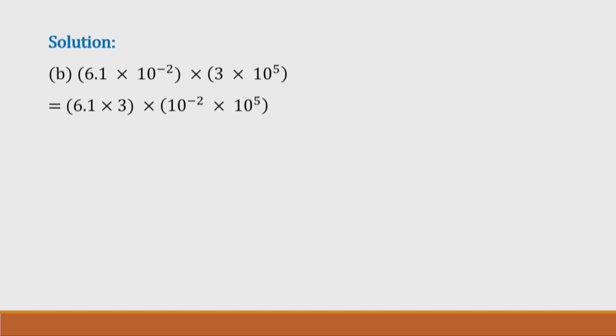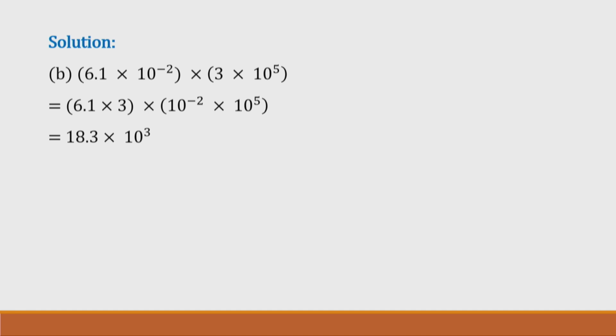Part B, 6.1 times 10 to the power of negative 2 times 3 times 10 power 5. So I will group 6.1 times 3 together times 10 power minus 2 times 10 power 5 together, which will give me 18.3 times 10 power 3.